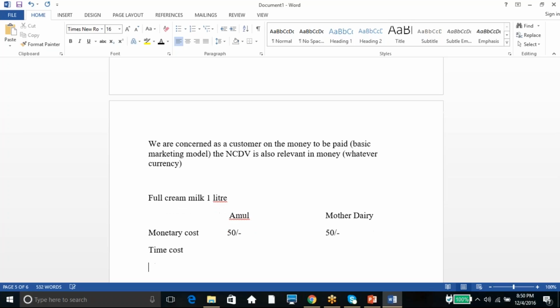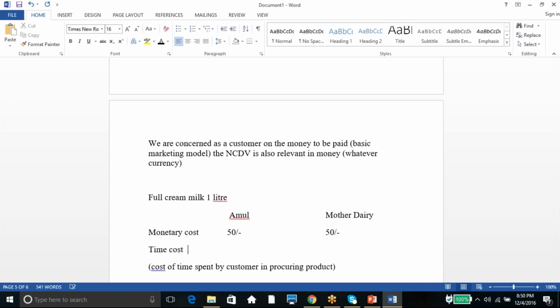Time cost. What is the time cost? The cost of time spent by the customer in procuring the product.